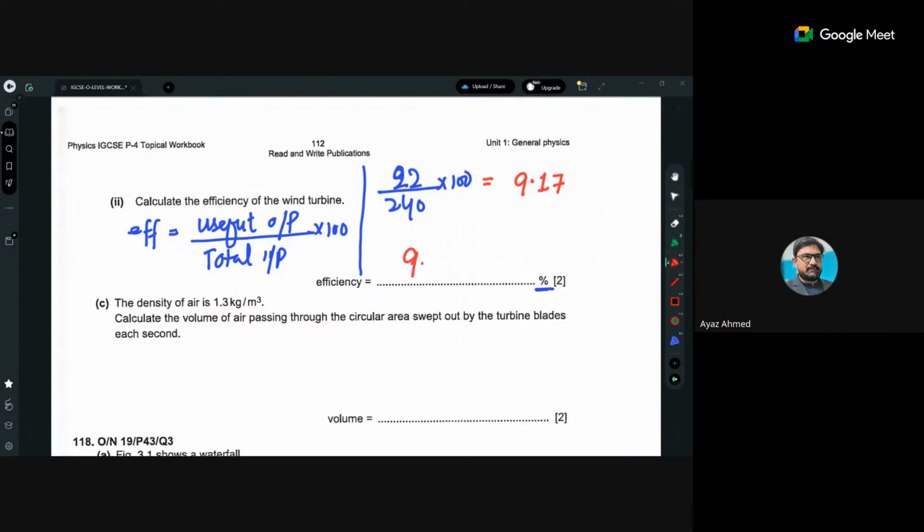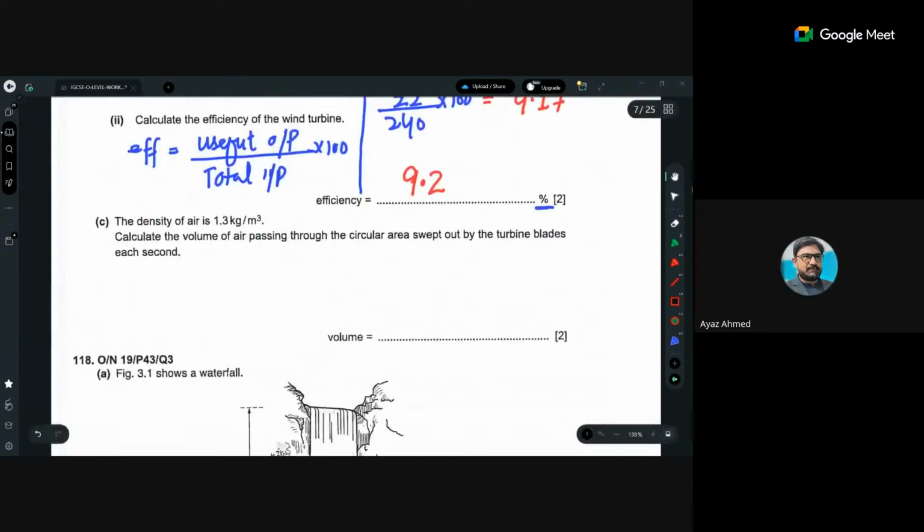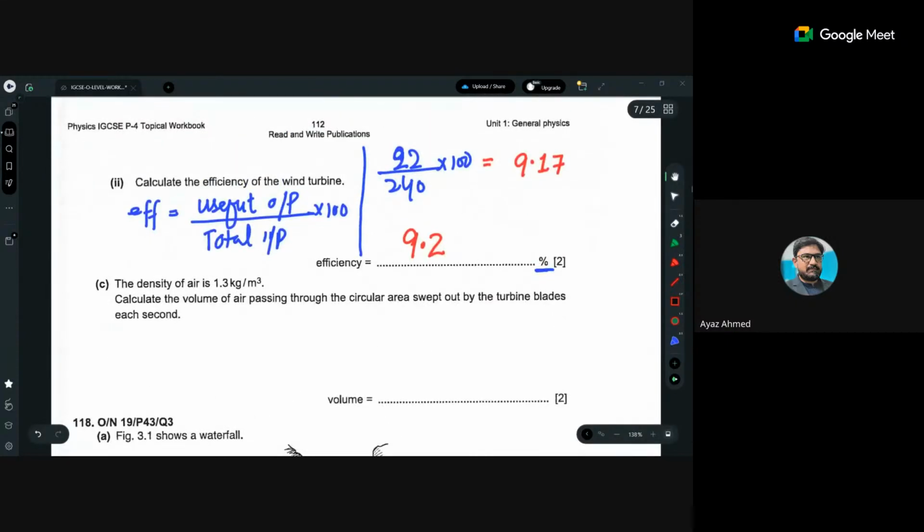Your answer will be 9.2%. But wasn't 240 three significant figures? Yes, but the least number of significant figures in the data is two. The answer follows the least number of significant figures. Okay, got it.